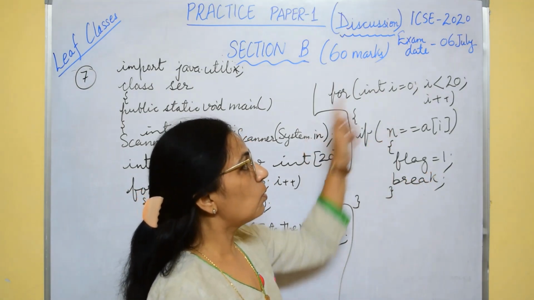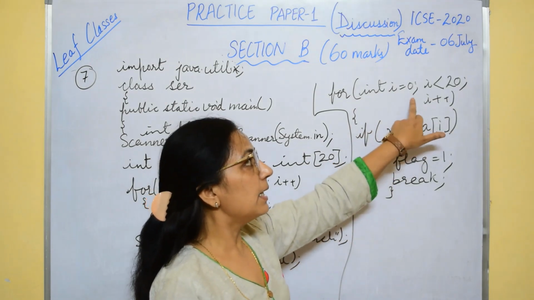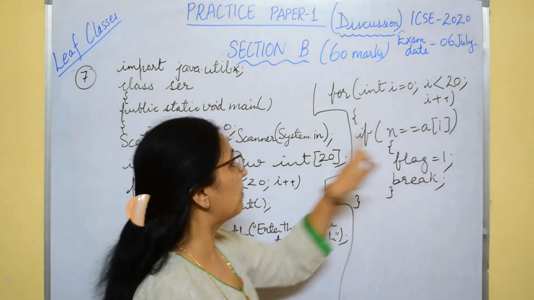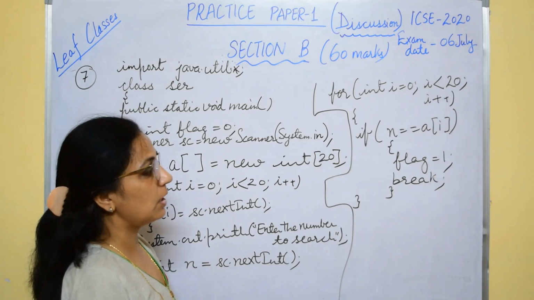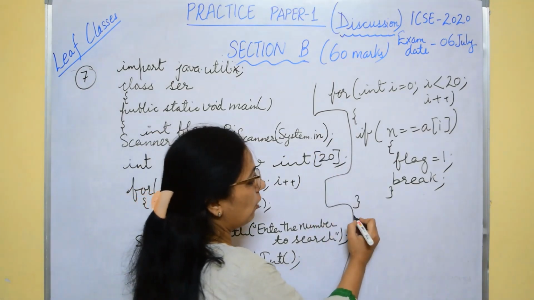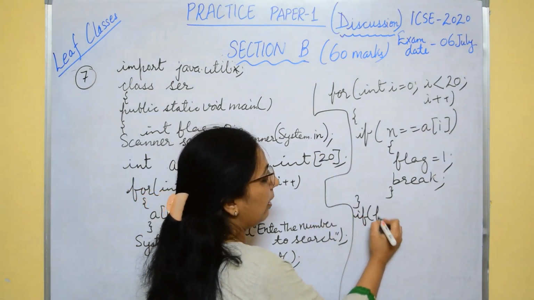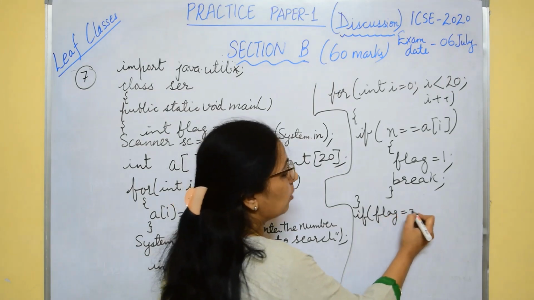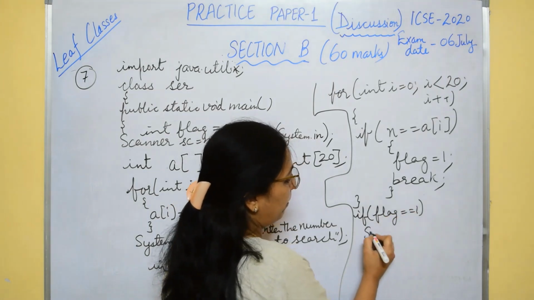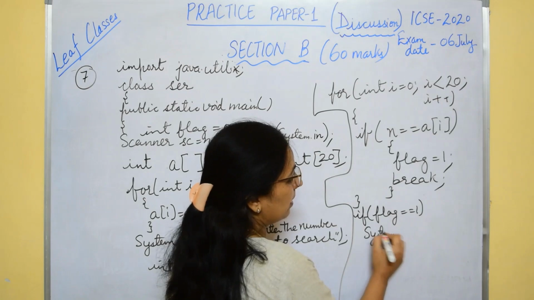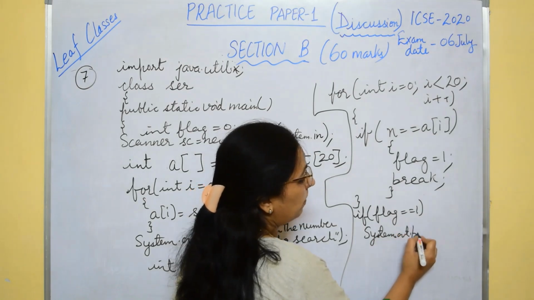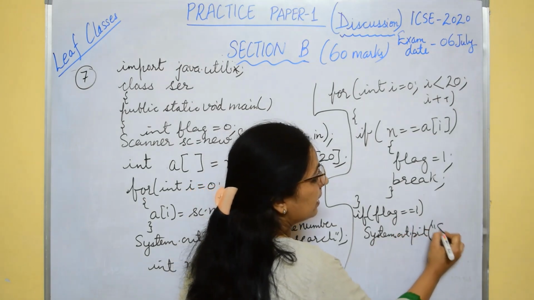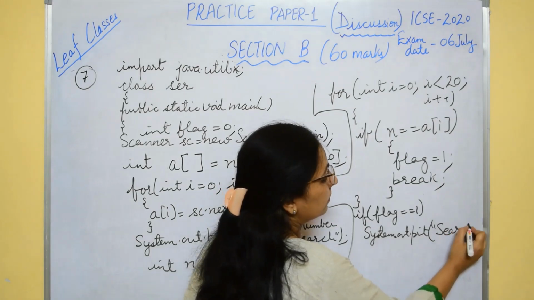Now if throughout the loop this condition is not true, that means flag will remain 0. So after completion of the loop we will check if flag is equals to 1, print System.out.print search successful.